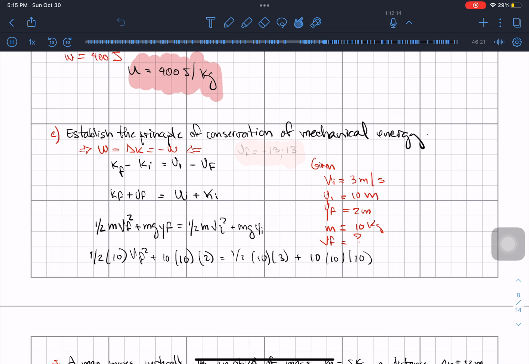If we solve for the final velocity, we obtain 13, negative 13 or positive 13, as our final velocity.